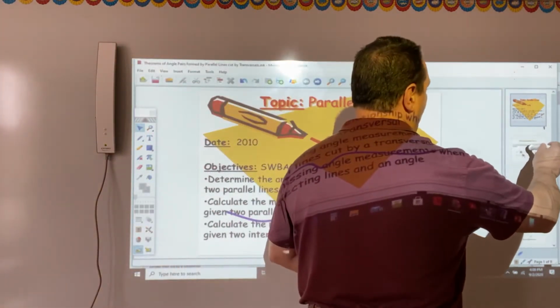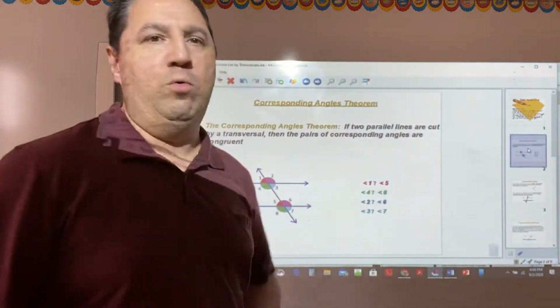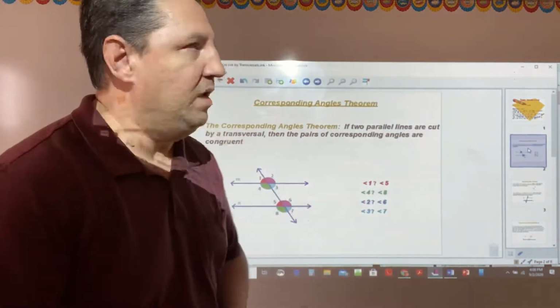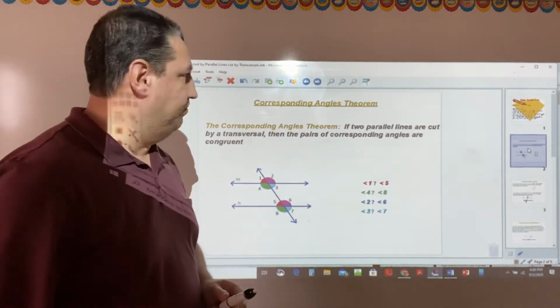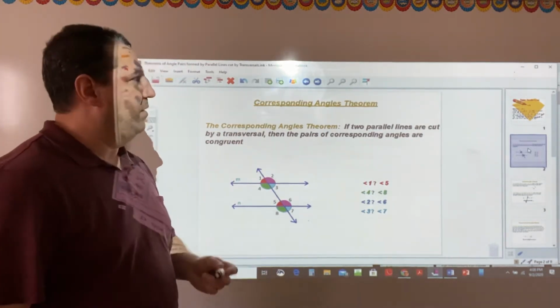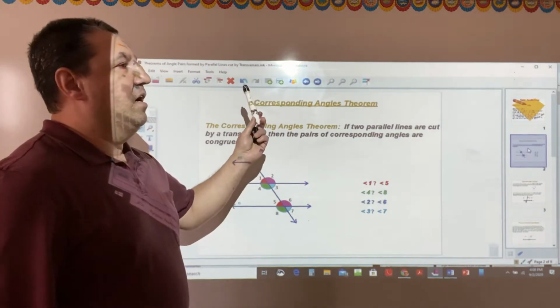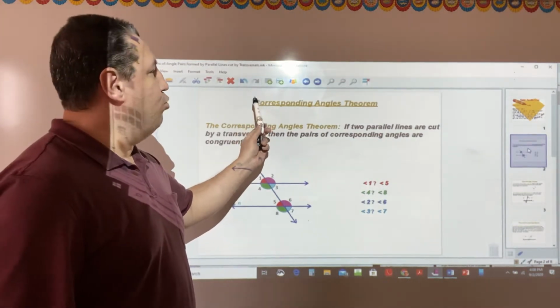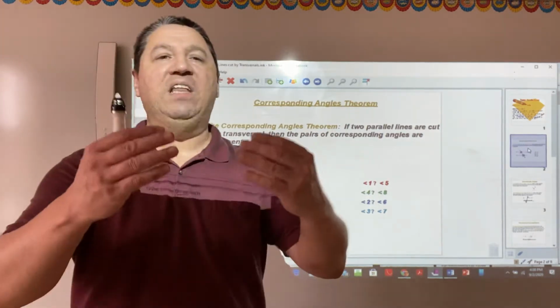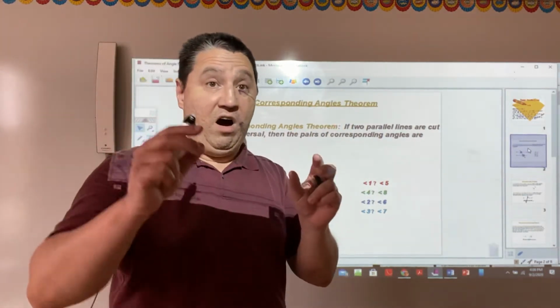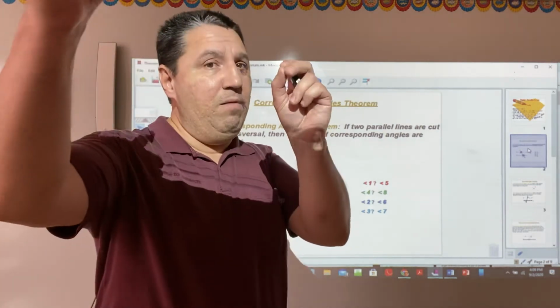Now, we have a few theorems related to these angles. The first theorem is related to corresponding angles. Remember, corresponding angles are angles that are in the same location.